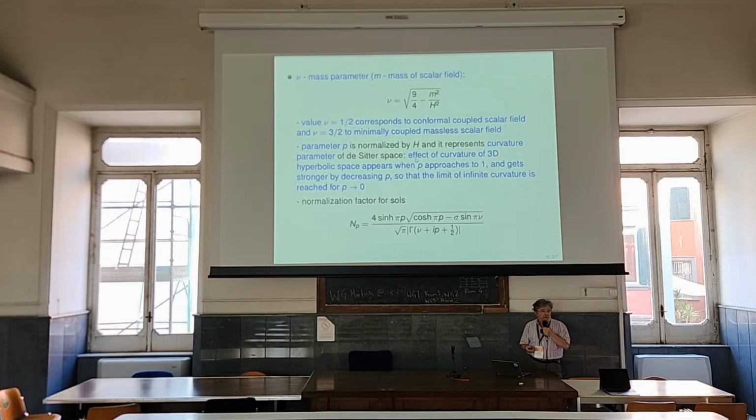In this description, when parameter p approaches 1, then the effect of curvature starts to be visible. And in the limit when parameter p tends to 0, the curvature tends to infinity, and in this case, we will show that entanglement cannot persist.